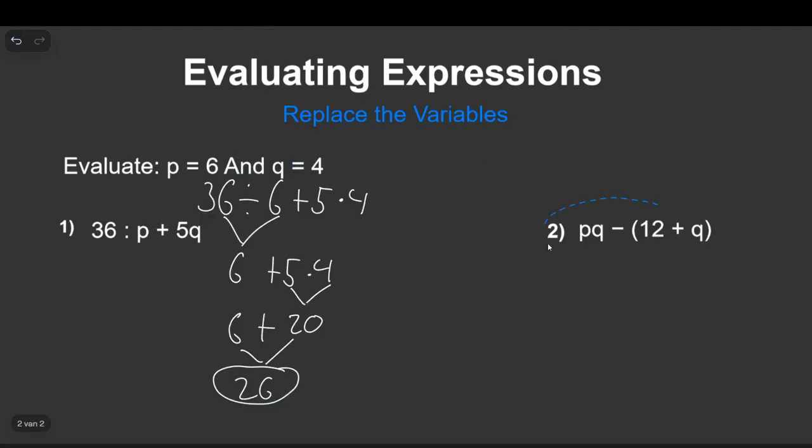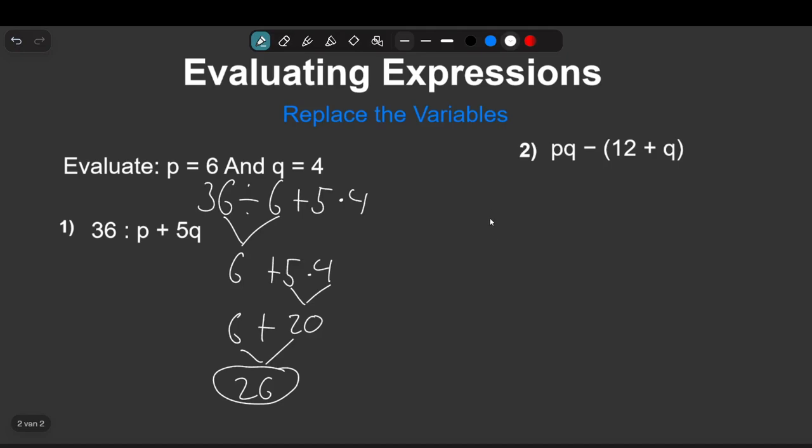Now let's go over to our second example. Let's move this problem up a bit so we can have enough space. We have pq minus, in parentheses, 12 plus q. The first thing we're going to do again is rewrite our whole problem, plugging in our variable values. p equals 6, and if a variable is next to a number or a variable, we multiply.